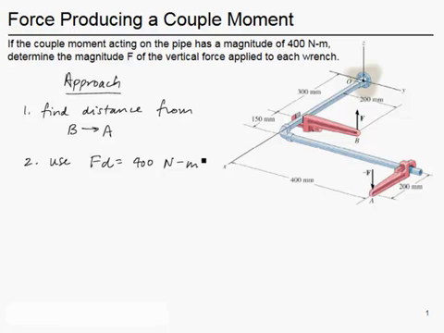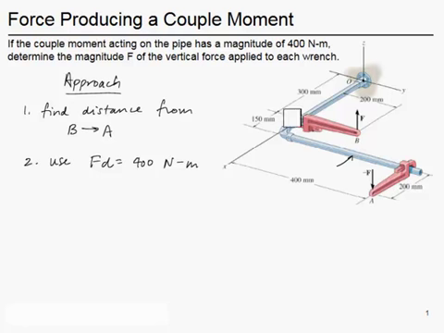Remember that couple moments are free vectors: no matter which point we're looking at, whether it's point O or some other point on the structure, say there or there, the moment occurring at those points is all the same, because a couple moment is a free vector that operates at all of these different points. And the reason it's a free vector is that the point from which we make the moment calculation doesn't matter, because of the equal and opposite nature of the forces.